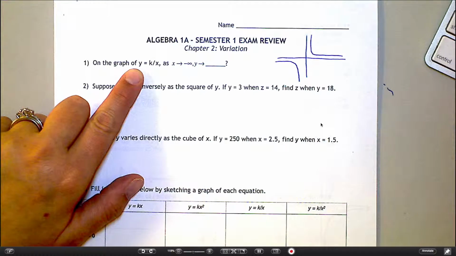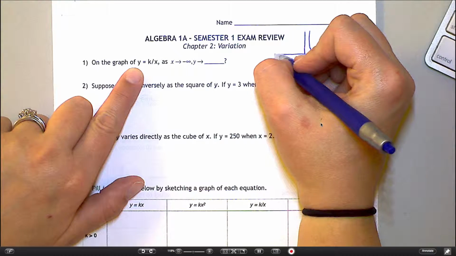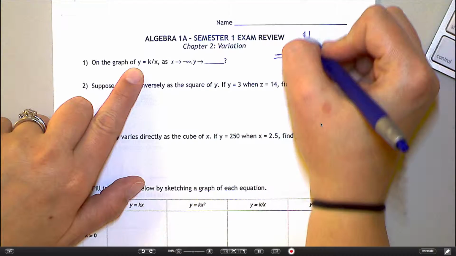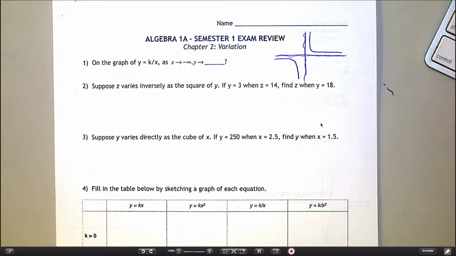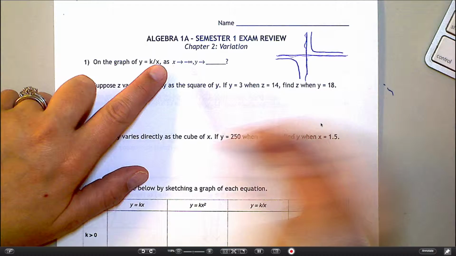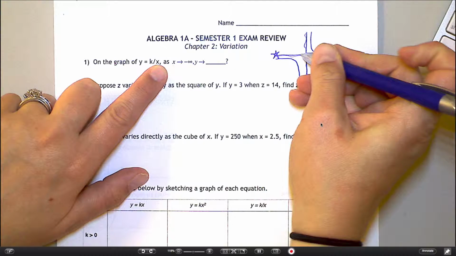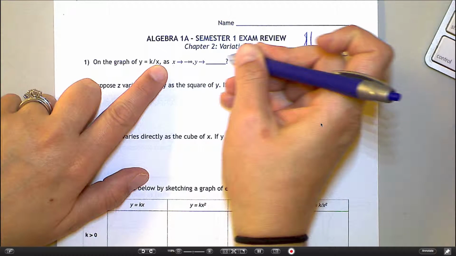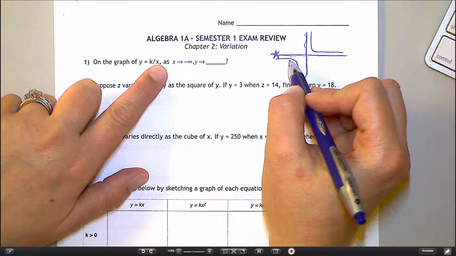And if you remember how this graph works, these lines right here are what's called asymptotes, meaning that the graph approaches them, but they get really, really close to those lines, but they never actually touch them. So what this question is saying is, as x approaches negative infinity, which is here, right? Negative infinity would be like if I walk out along this line forever and ever. What's happening to the y values on my graph?